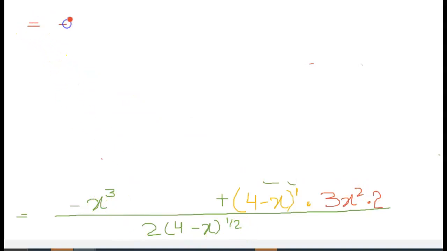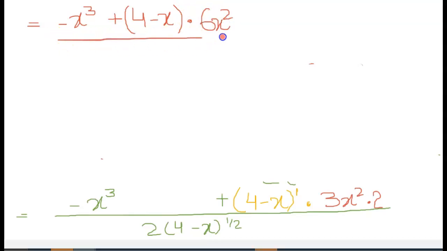That will be minus x cubed plus (4 minus x). I don't have to put the 1 here, I can just get rid of it. And then 6x squared, divided by 2 bracket 4 minus x to the half.